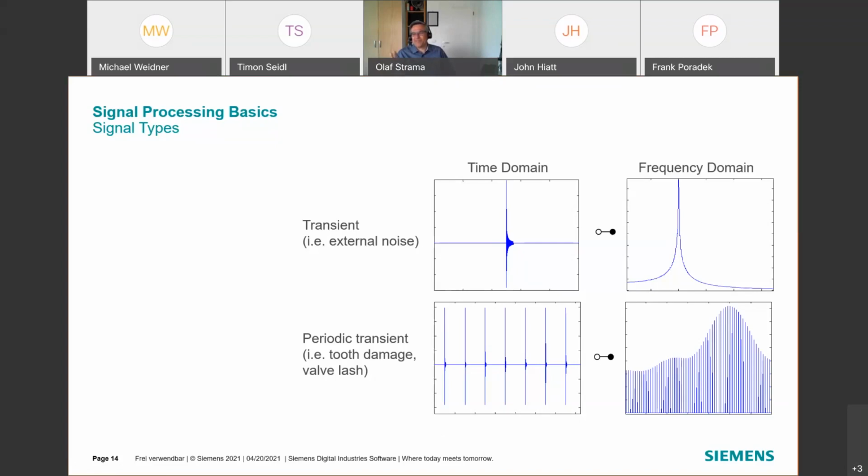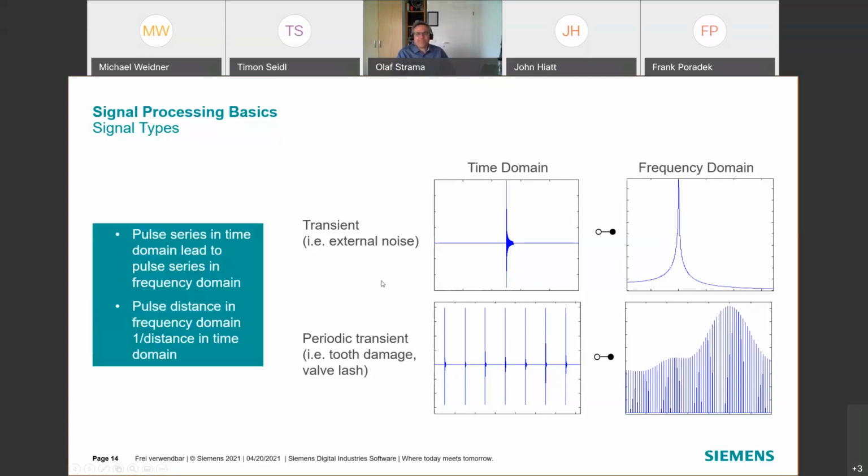That means if I have a few peaks in time domain, I have a lot of peaks in frequency domain, and vice versa. And so it doesn't make sense to use frequency analysis to analyze such peaks. To analyze them in time domain or in angle domain is much more convenient. That means pulse series in time domain lead to pulse series in frequency domain, and they can help us to identify defects in our device under test.